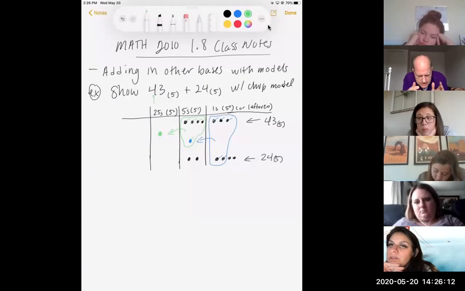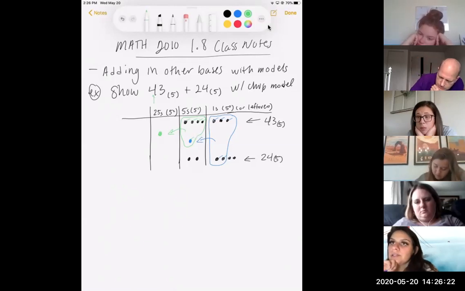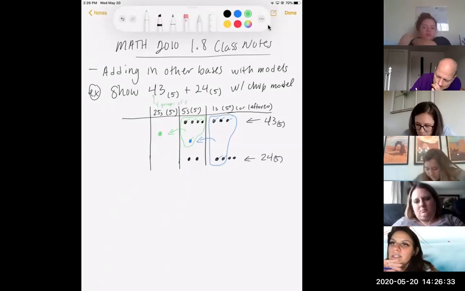That's why I'm trying to say 4 3 base 5, because the 4 means 4 groups of 5. The 3 are the 3 leftovers. So that's why I'm putting 4 dots in the 5s column here. Oh, okay. I understand it now. Thank you. No, that's a good question.